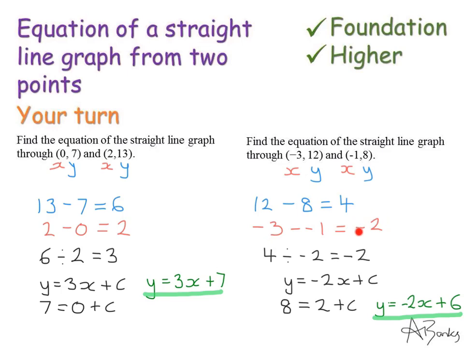So by doing this, I know my gradient is negative without having to do a sketch. So my gradient is 4 divided by minus 2, which is minus 2. I set up this equation here, and to find c, I substituted in the second point. But either point would work. So I got the value of c must be 6. So the equation of my straight line is y equals minus 2x plus 6.